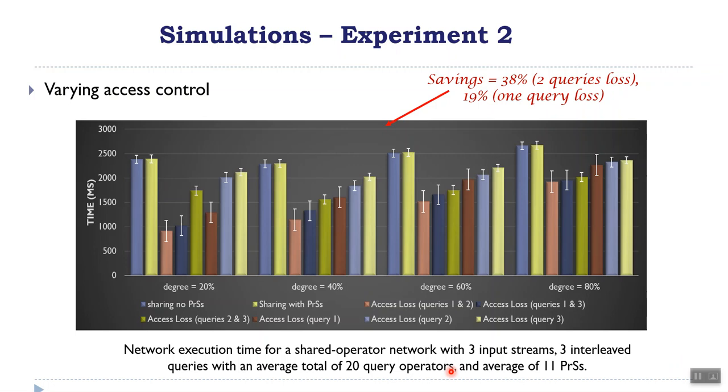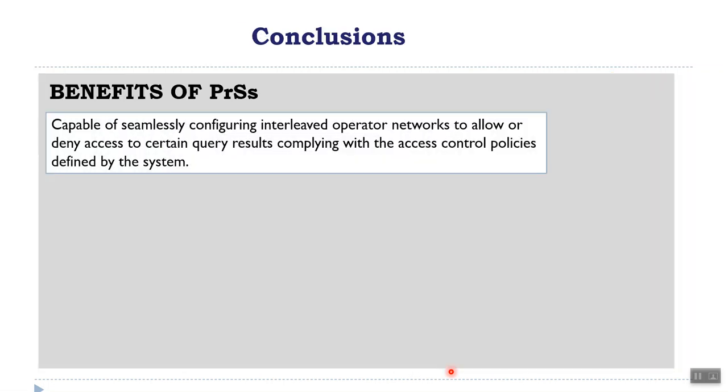So finally, to conclude this presentation, in this work we are capable of configuring interleaved operator networks in a dynamic way by using the privacy switches to allow or deny access to certain query results, complying with the access control policies defined by the system. And as those access control policies change, there is no need to demolish and rebuild networks.